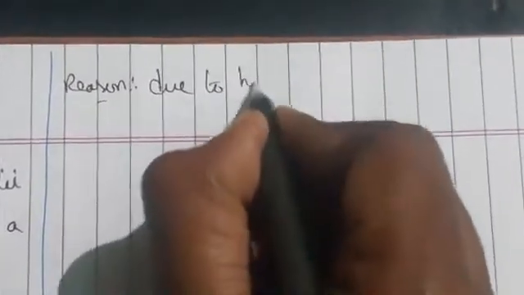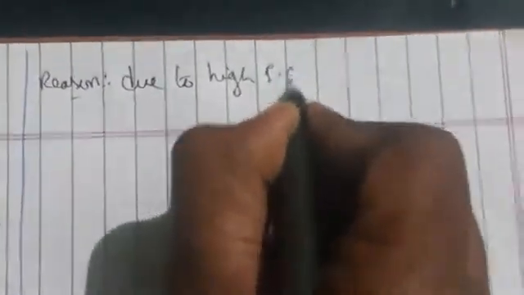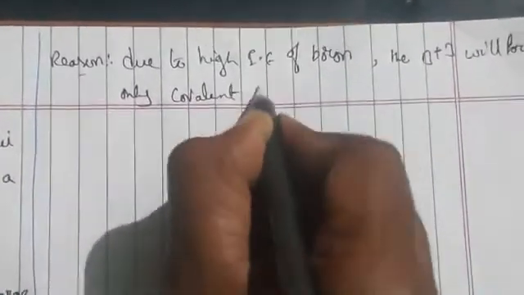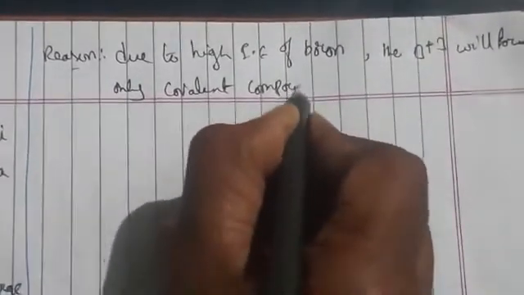Due to the high ionization energy of boron, the B+3 will form only covalent compounds. And coming to aluminum, what will happen?